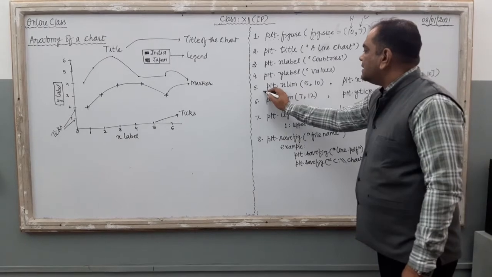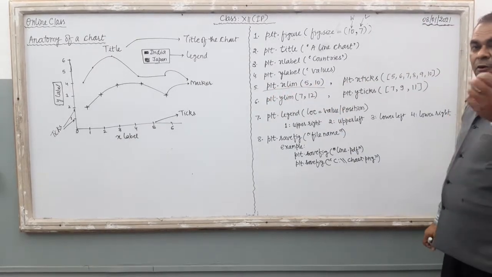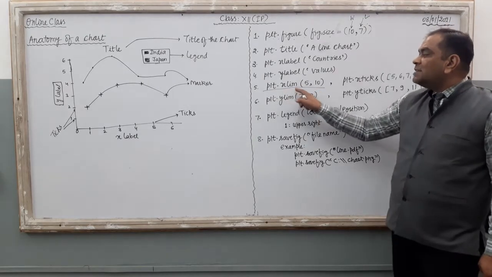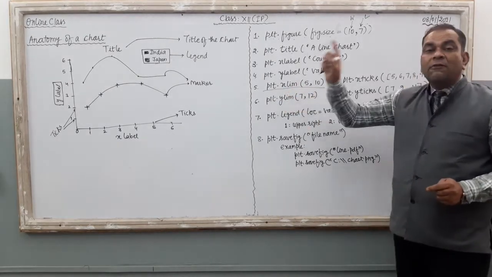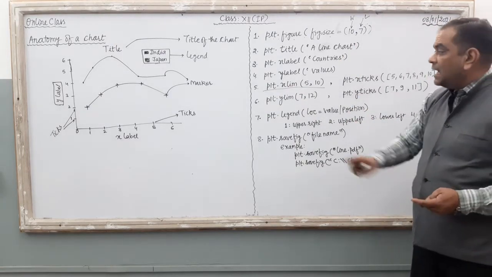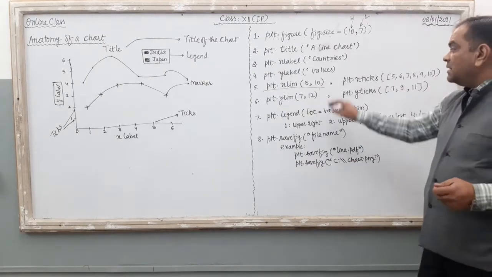Now, this is the new function: plt, the abbreviation of pyplot, dot xlim. Xlim is the limit of the x-axis. Here you have to supply two values. My first value is 5, my second value is 10.